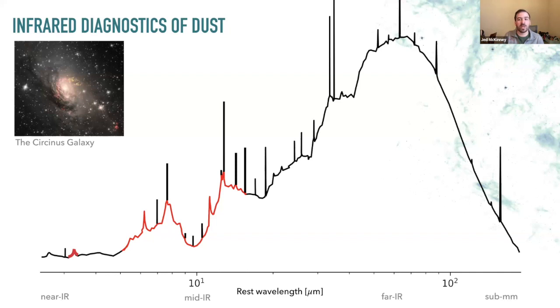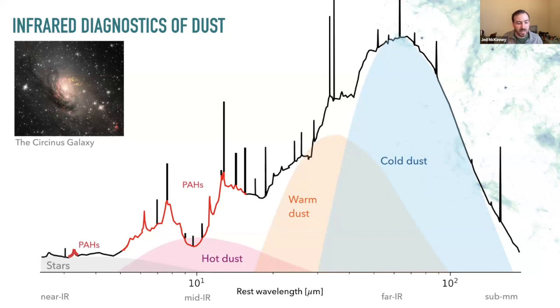And you can see that it's a rich diagnostic playground to go and measure properties of dust. The continuum is built up from cold dust, warm dust, hot dust, and a little bit of residual continuum from old stellar populations. What I've highlighted in red is the emission from polycyclic aromatic hydrocarbons.